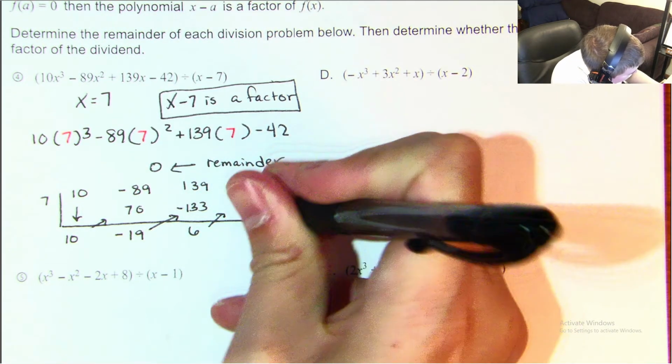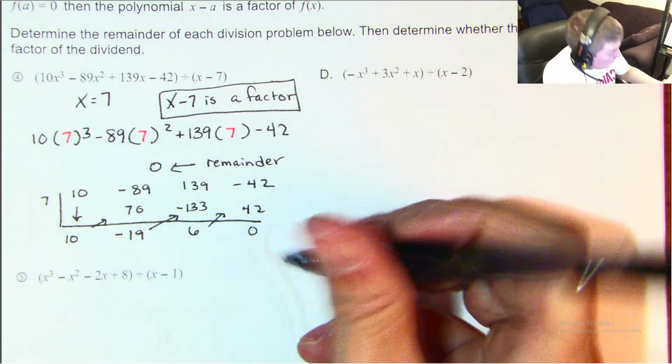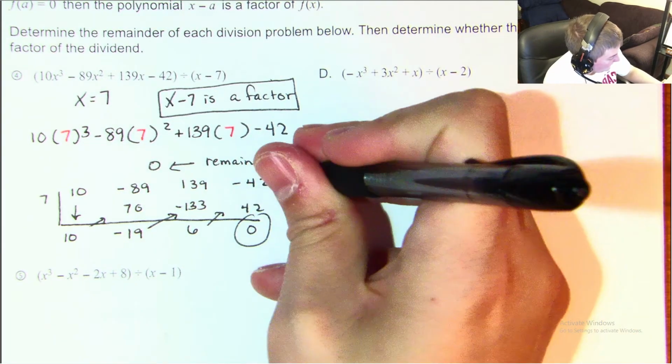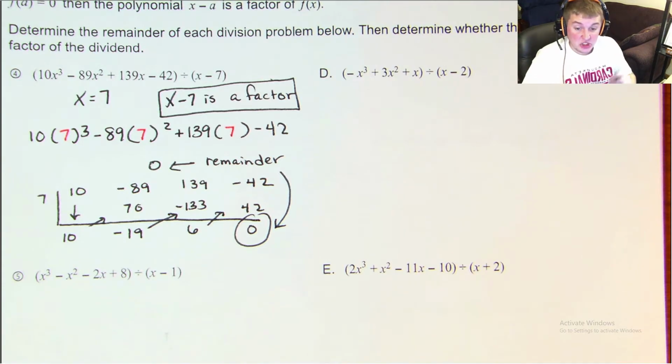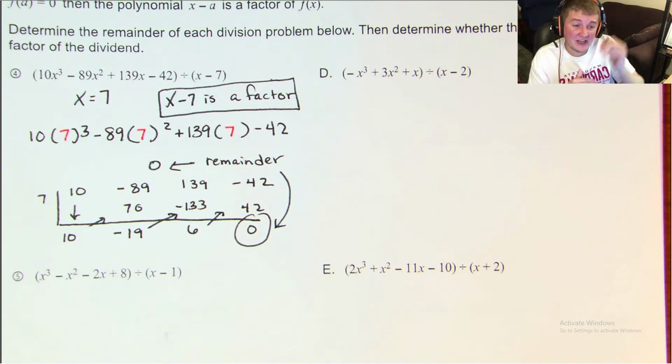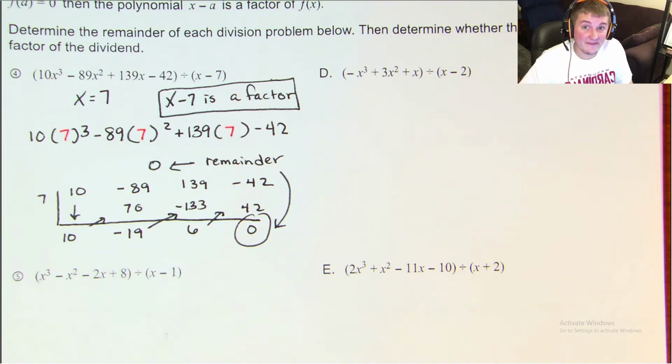42 and negative 42 is 0. So what does this mean? Again, this is my remainder. When you divide two polynomials by each other, if the remainder is 0, that means it's a factor. That means it divides into it perfectly. Just like 4 divides into 8 exactly 2 times, no remainder left over, that means 4 is a factor of 8.